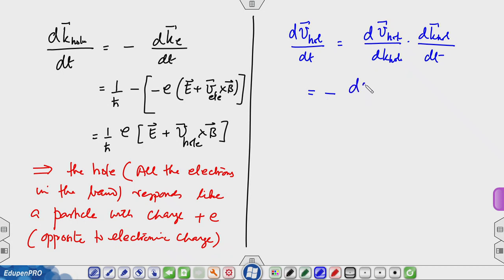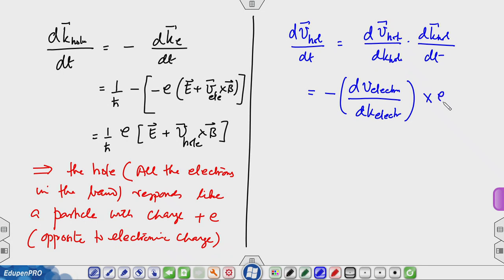So, dV electron, the missing electron, divided by dk electron, sign changed because k whole is minus k electron, times, we have already calculated the dk whole by dt.